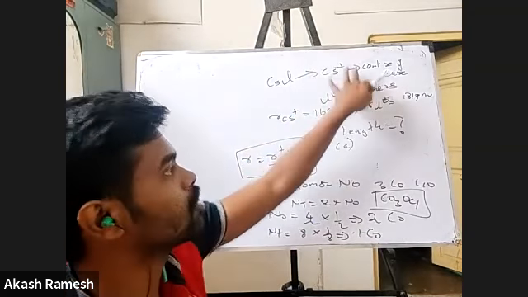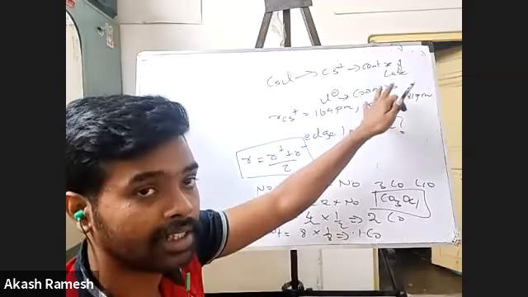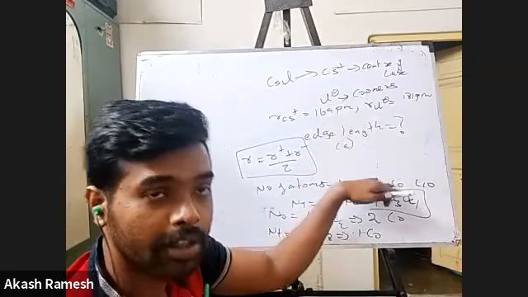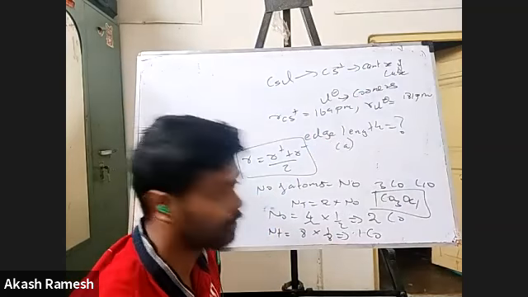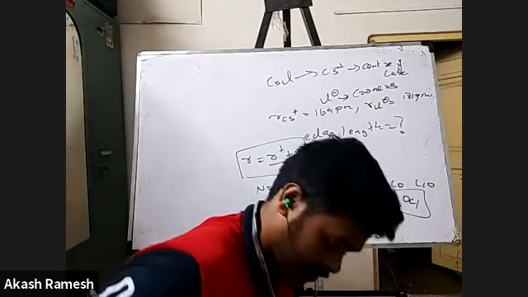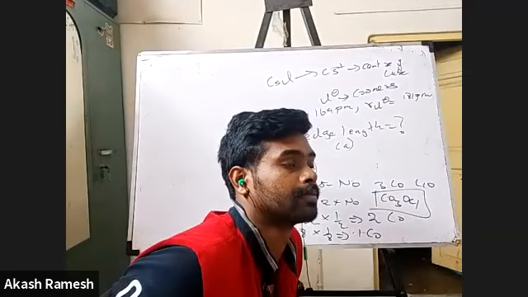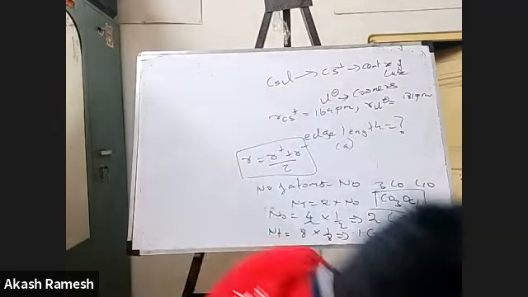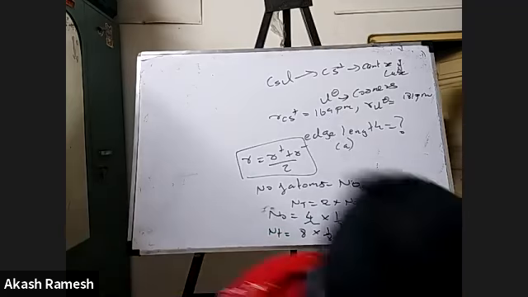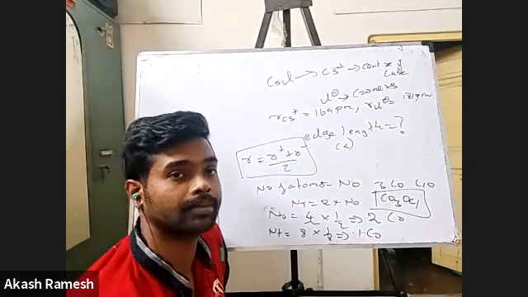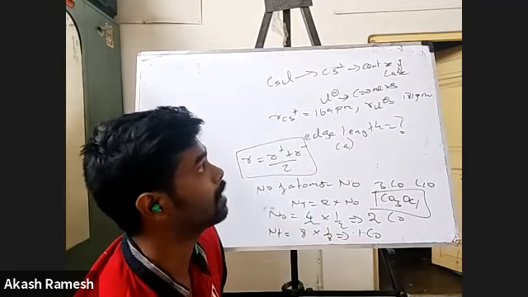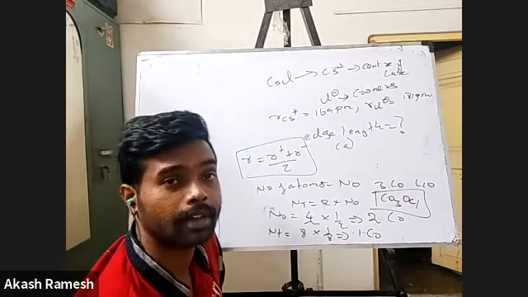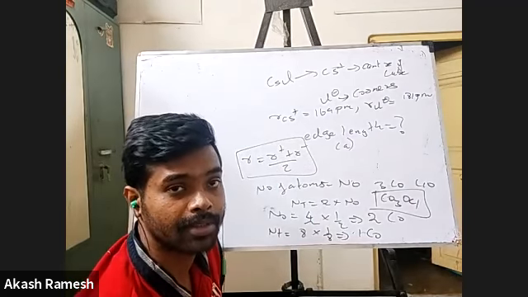And from this information, you have to decide what kind of unit cell it is, and you have to use that particular relationship to find what is the A. First, tell me from the information given, what type of unit cell is it?